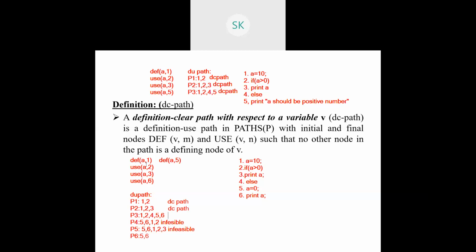So the next one is P3. P3 is a feasible one. So you can have that particular path, such a type of path. So this is not a DC. Why? Can anybody tell the reason? Because a variable is redefined at this particular fifth statement. It should not be done with respect to definition clear.